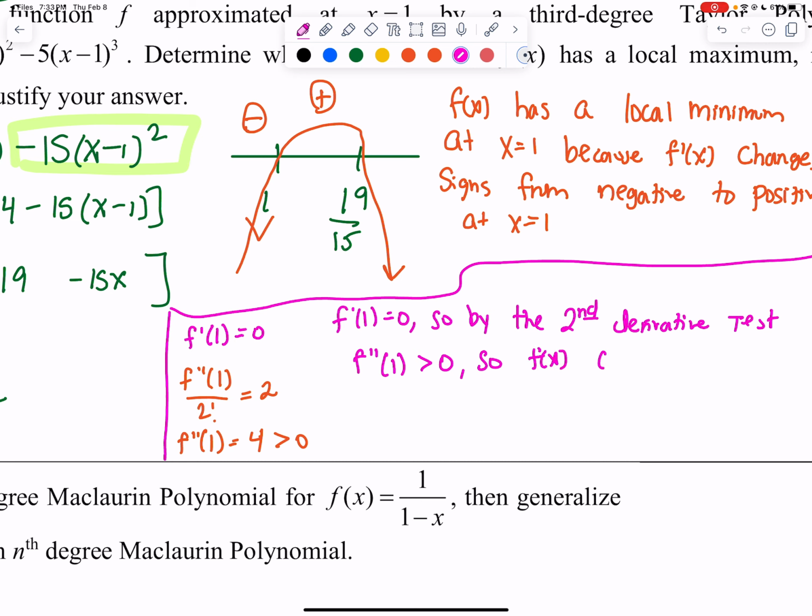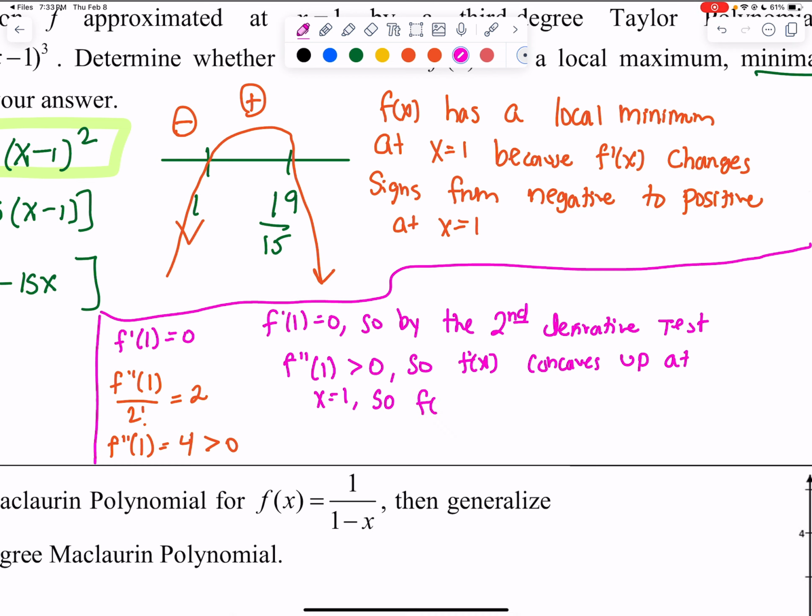So f of x concaves up at x is equal to 1. So f of x has a relative minimum at x is equal to 1. And call it a day.